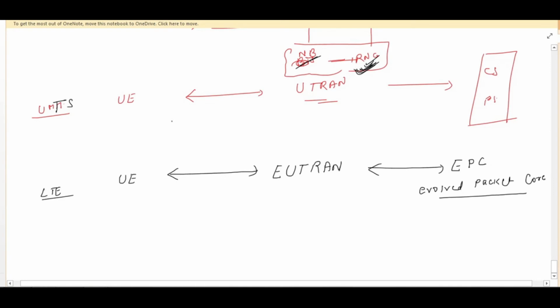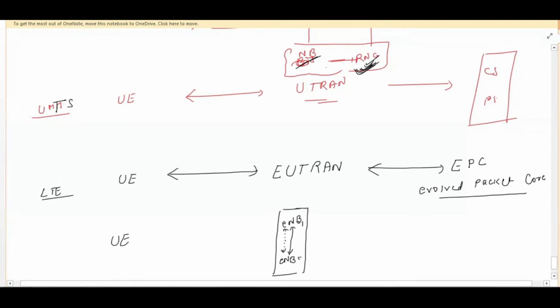So if the RNC is not in the eUTRAN, then who will perform this task? In LTE, it is the eNode B. Here Node B in LTE is upgraded as eNode B. So in LTE, eUTRAN has one or more than one eNode B.